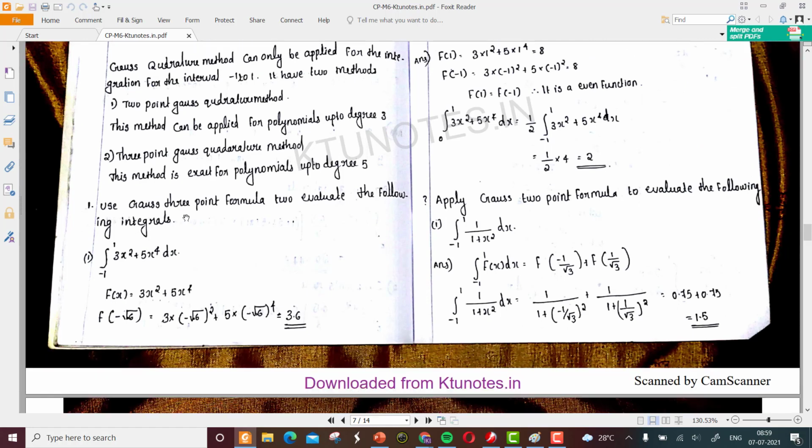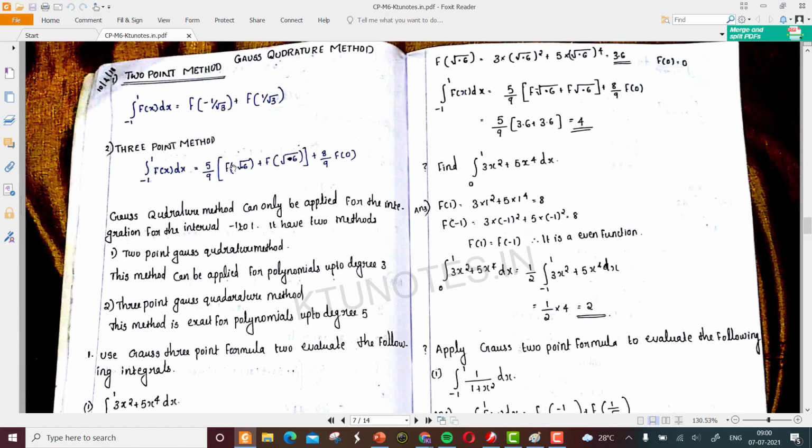Use the Gauss 3-point formula. Evaluate the following integral. So see the integral is from minus 1 to 1. So the condition is satisfied, and the integrand is 3s square plus 5 into s raised to 4. So as we have s raised to 4 term coming, it is better to go with the 3-point Gauss quadrature method. So we have f of s is equal to 3s square plus 5s raised to 4 is the function, and we need to find f of minus root 0.6 and f of root 0.6, and also f of 0 for these equations.